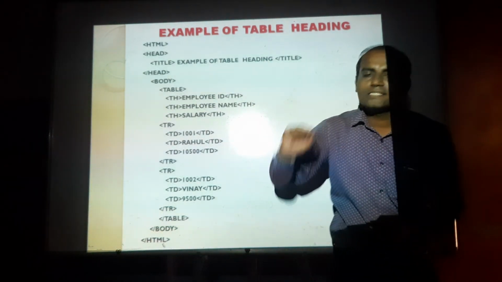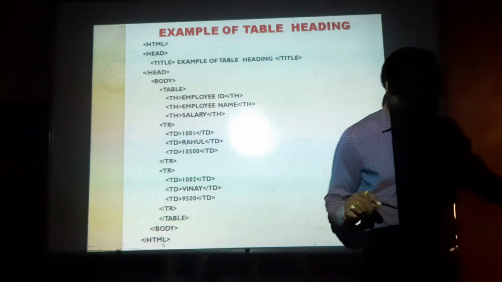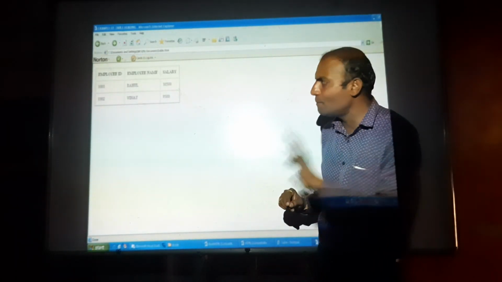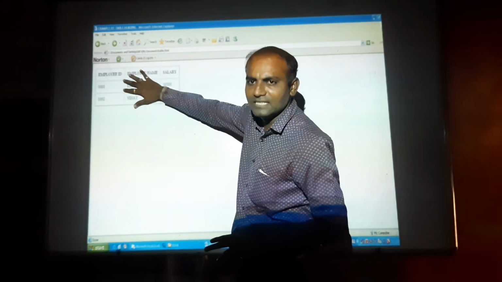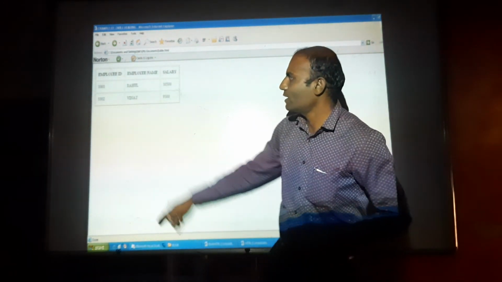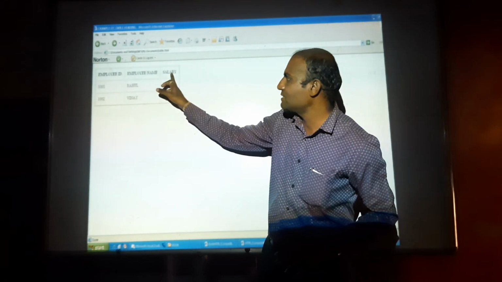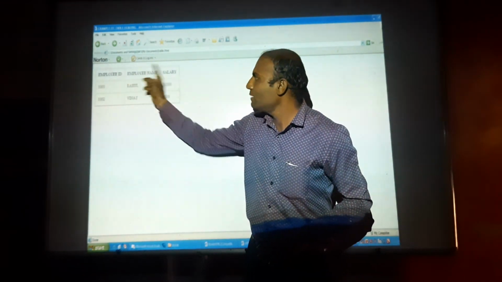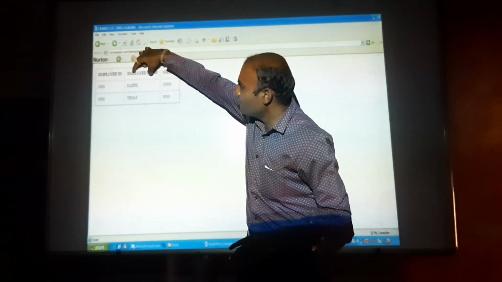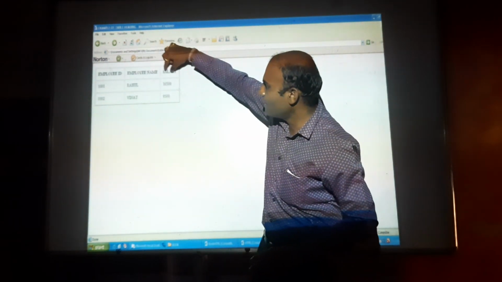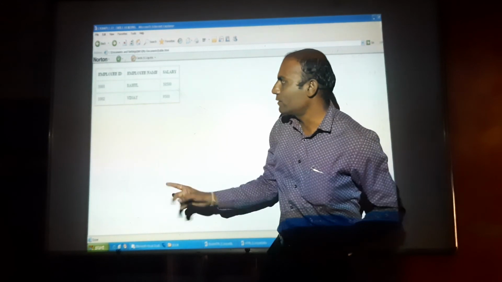If I save this file with a .html name and open it in a browser, I will find this output. You can see employee ID, employee name and salary. These three names were used in the TH tag, so automatically they are placed at the center and the font becomes bold.